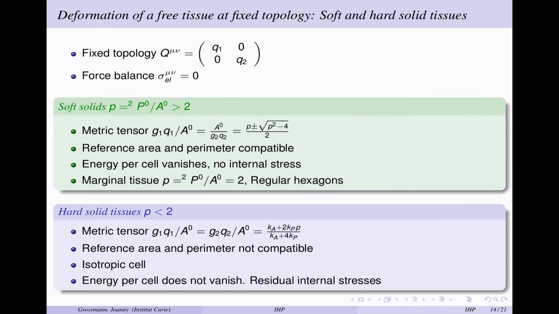The energy per cell doesn't vanish, and what it means is that each cell is under internal stress. Of course, the total force on the cell vanishes, but there are internal stresses inside the cell. And in all of the following, I will come back to that. The properties of the tissue are different when there are internal stresses in the cell and when there are no internal stresses in the cell.